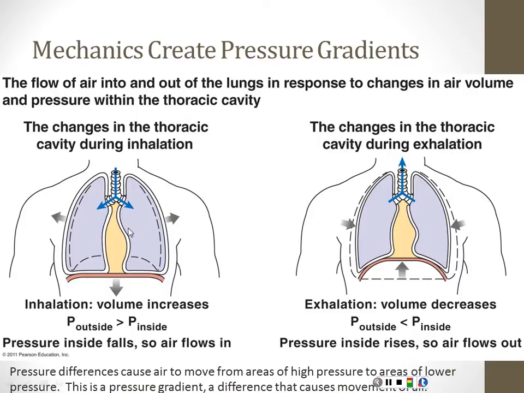The planet is pulling the atmosphere down towards itself because of gravity, so that creates a pressure. When the pressure in our chest becomes less than the pressure in the air around us, we get air flowing in, air flowing from high pressure to lower pressure, right?